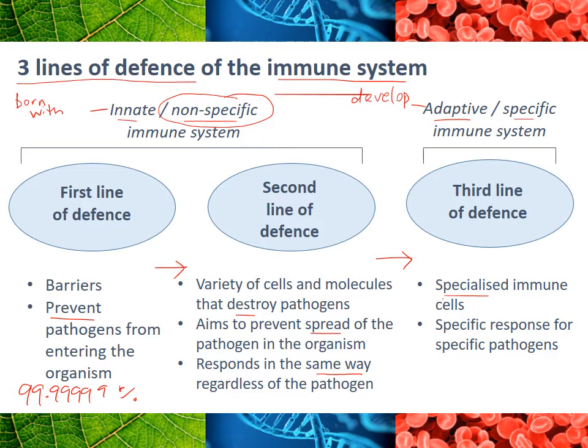It has specific responses for specific pathogens. Okay, so again, thinking back to my example, the cells that would respond to influenza would be different to those that respond to chlamydia. Okay, so it would have a specific response depending on the pathogen.